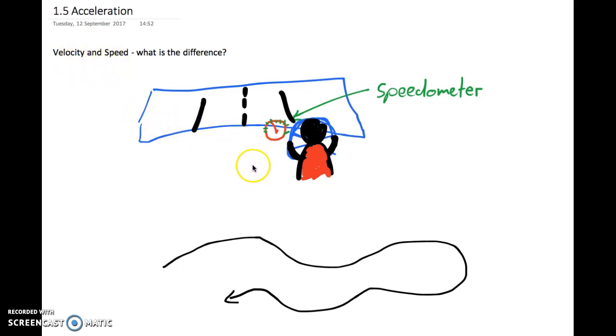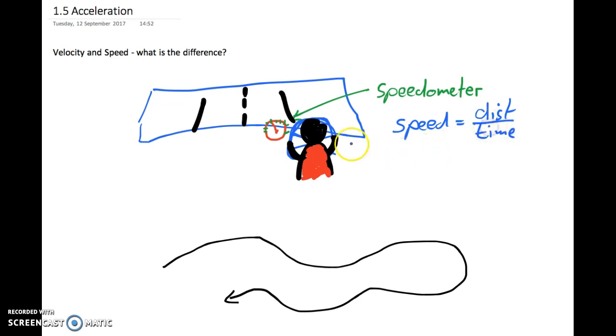So let's first of all consider speed. If you are driving along in your car, and you are looking at your speedometer, it tells you the distance you have travelled in a given time, so the speed that you are travelling, because speed equals distance divided by time.